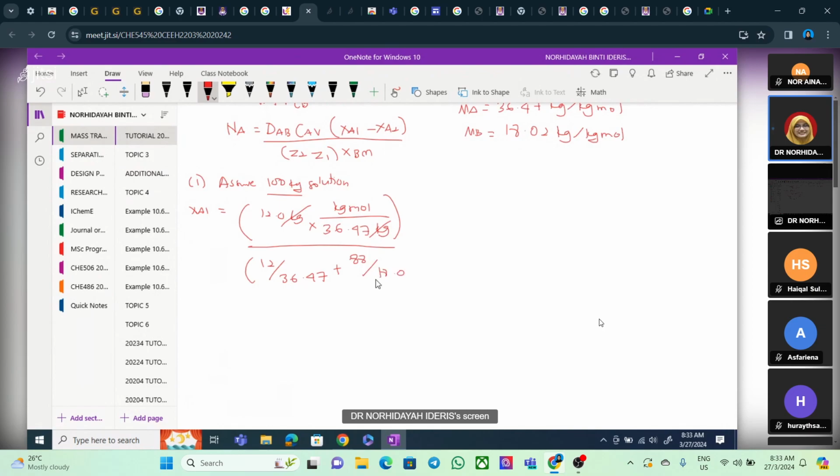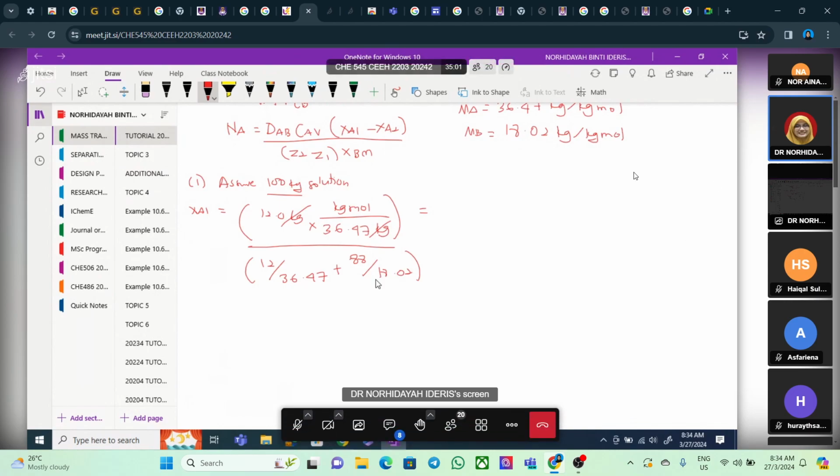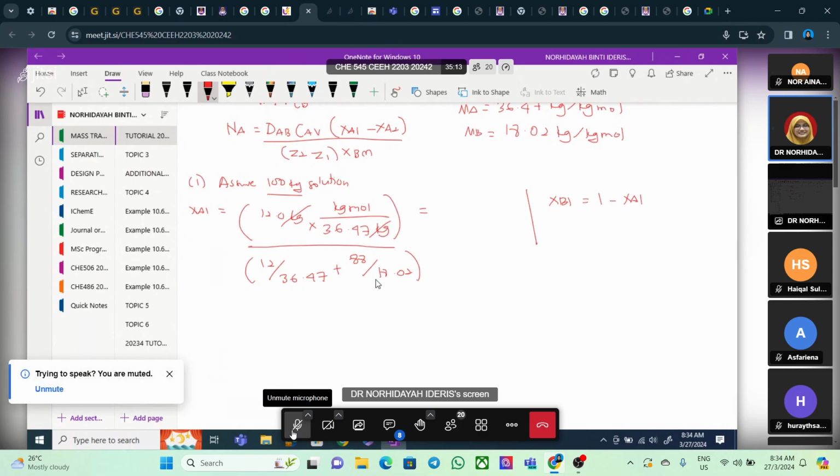This 88 you divide by 18.02. So what is the value of SE1 that you get? Try calculating. Afterwards we get SB1, which is 1 minus SE1. Then we calculate SE2.